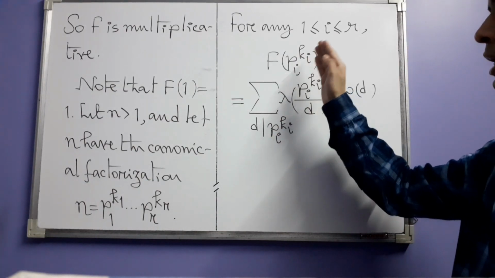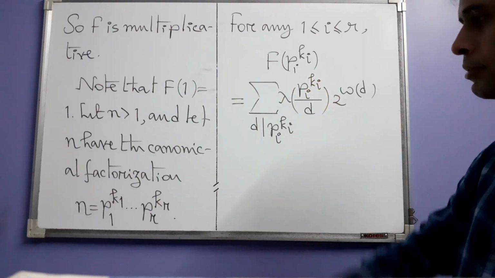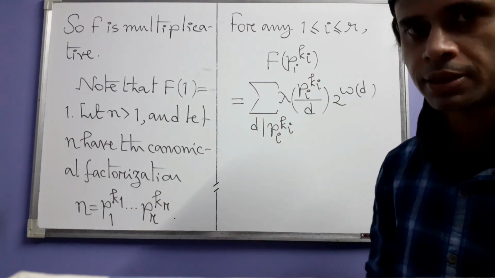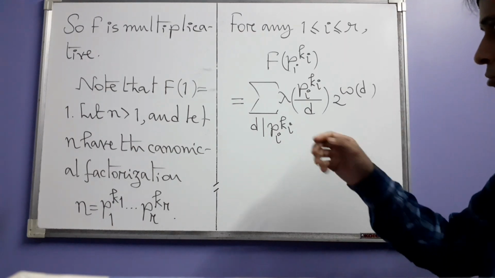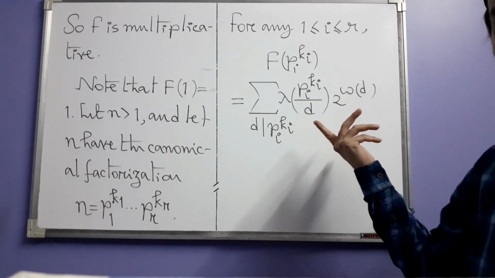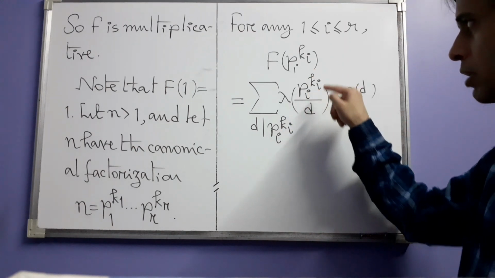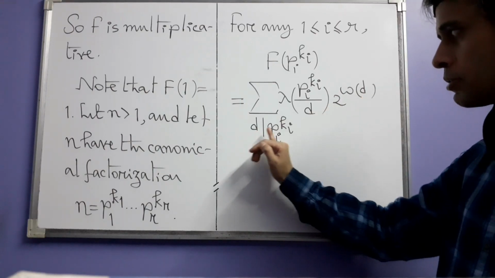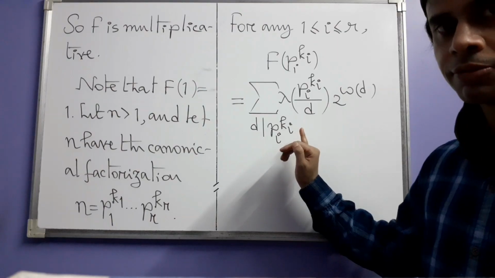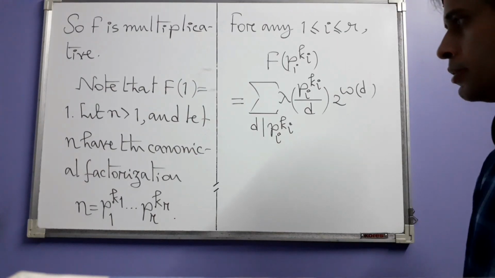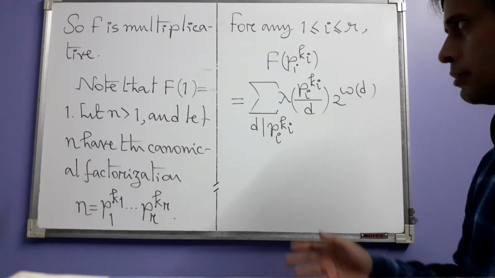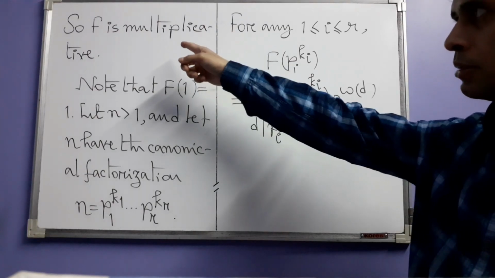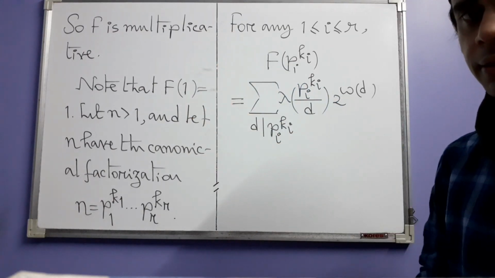F of pi to the power ki, any prime power that you have here in the factorization of n, which by definition is of course this sum of lambda of the number divided by d times 2 to the power omega of d, as d varies over all the positive divisors of the input. And I guess you have already figured out how f being multiplicative will help us here.